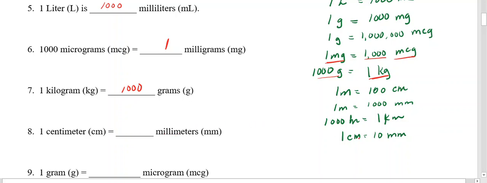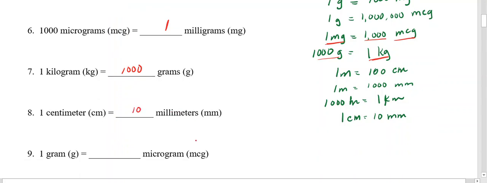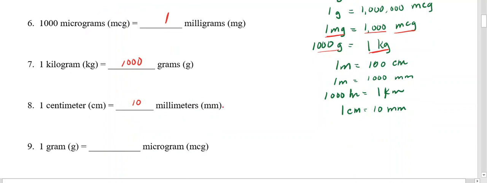So 1 centimeter equals 10 millimeters. And then 1 gram equals how many micrograms? I got it right up here. 1 gram is 1 million micrograms. So that's 6 zeros. It's 1 and 6 zeros.